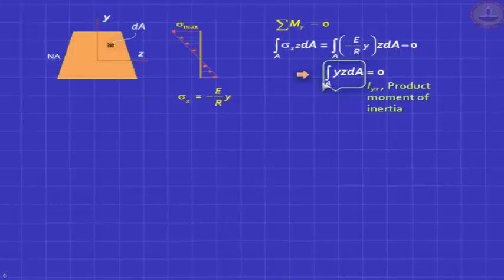Well, in simple bending theory, it turns out if you want to use that formula M by I is equal to E by R equal to sigma by y, you also have to make sure that the product of inertia term is 0. That means you must choose your y and z axis, they are known as principal axis, in such a way that this is satisfied.